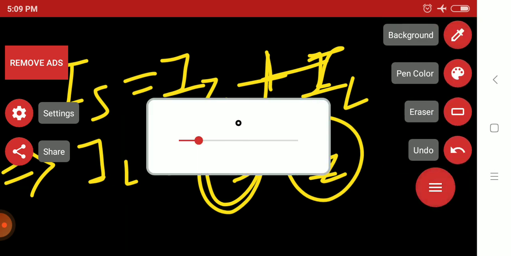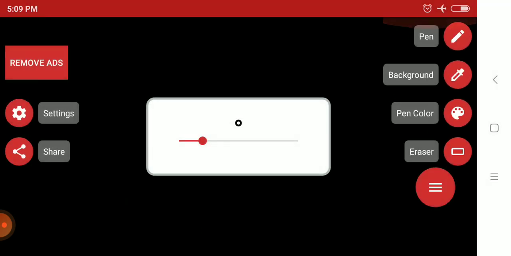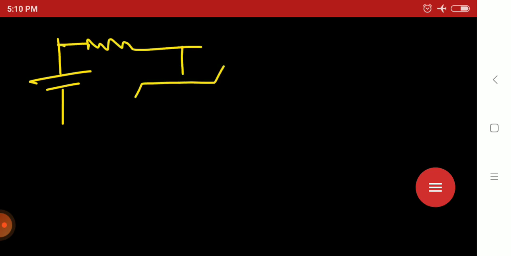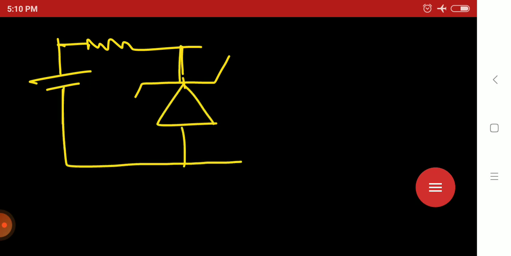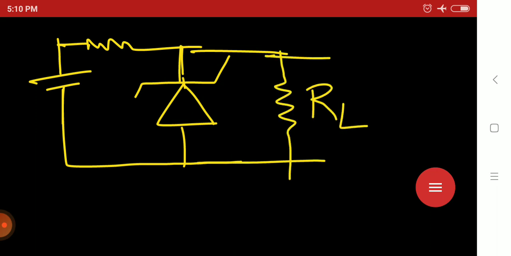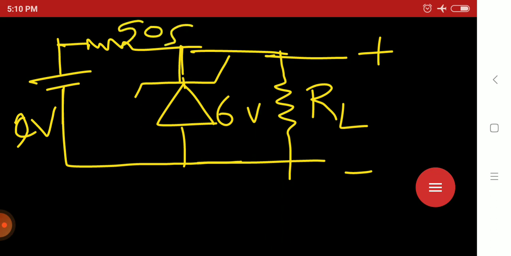So firstly, clear this. Again I am drawing the circuit to make you understand the KVL. It is the Zener diode, the RL, plus and minus, 6 volt, 9 volt, and 50 ohm.